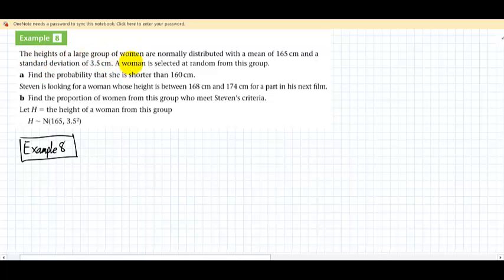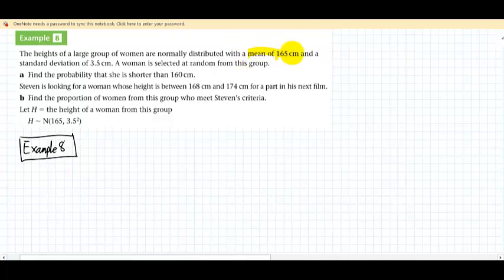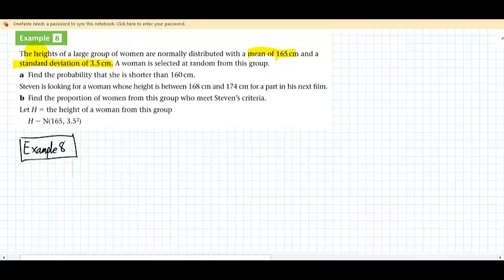Heights is a random continuous variable, so it does make sense for it to be normally distributed, with a mean value of 165 and a standard deviation of 3.5 centimeters. It's the heights, that's the variable.